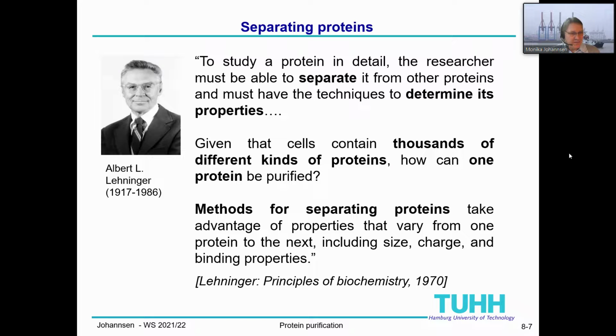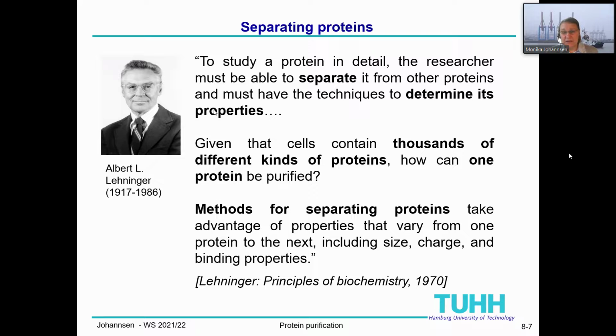Okay, not that long ago like Berzelius, but still two or three generations before, there was Albert Lehninger. There's also a book written by him, The Principles of Biochemistry. And he was thinking about how to separate proteins.